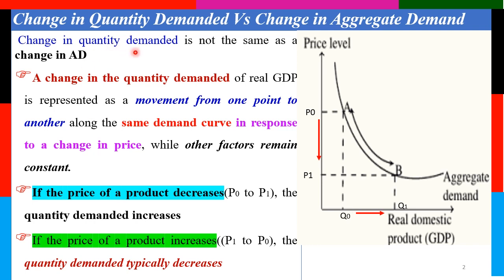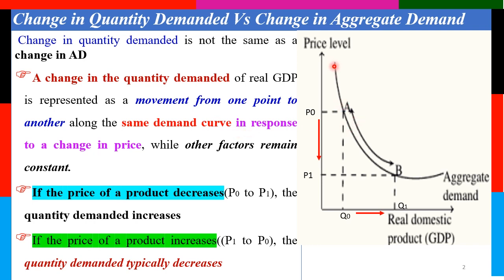So the two terms are completely different when you say change in quantity demanded and change in aggregate demand. It's completely different. As I told you, when you say change in quantity demanded, we move from one point to another along the same demand curve.